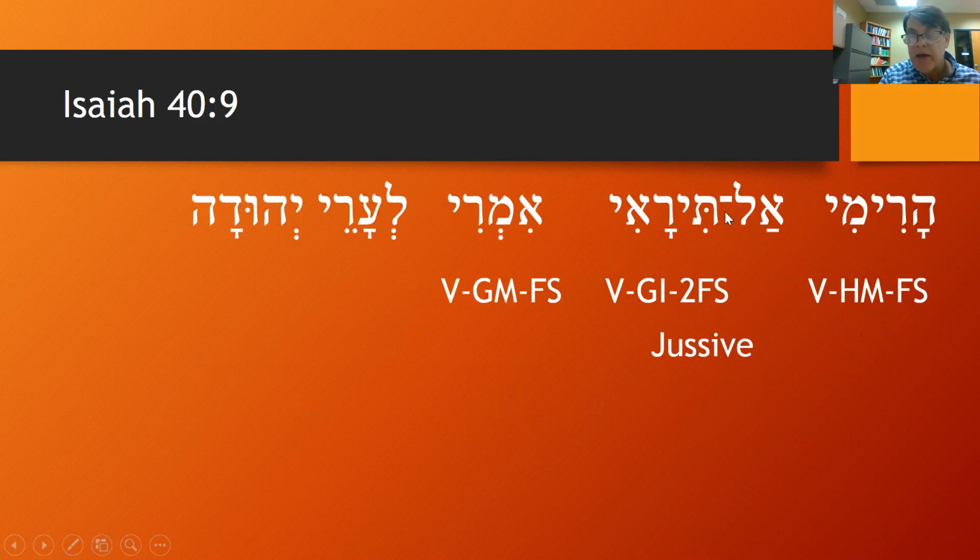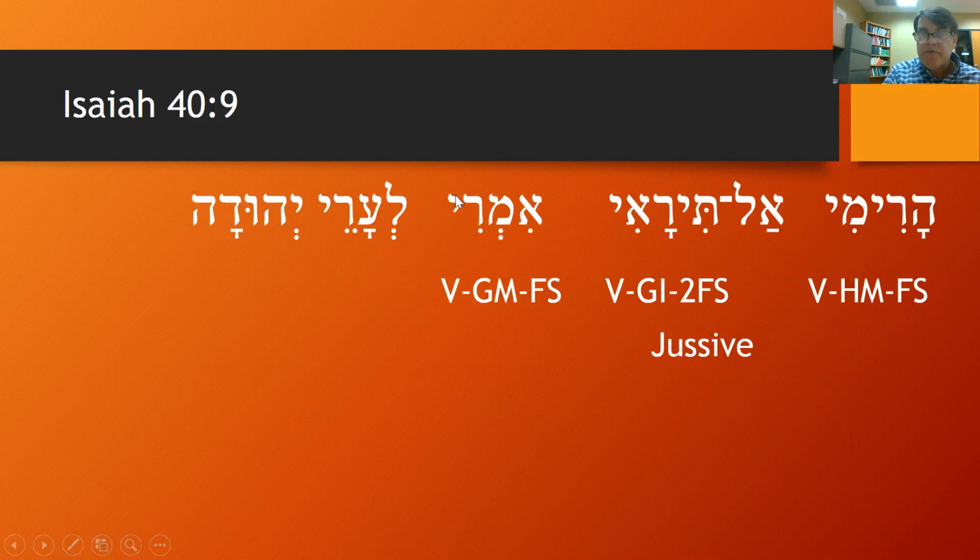And then the tav also clarifies that this is feminine singular. So we have this tav on the front and the hirik yod on the end. Both of them go together to say that this is second feminine singular. It's a "you" singular that's a woman or a female. In this case, Zion or Jerusalem. So don't fear. Fear not.